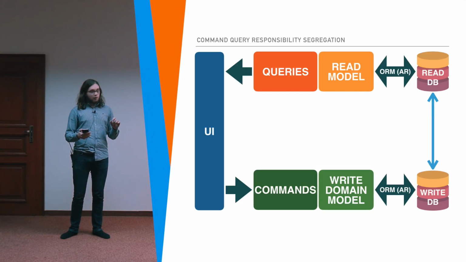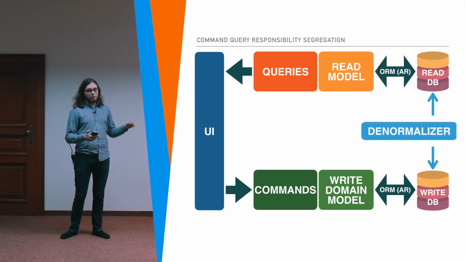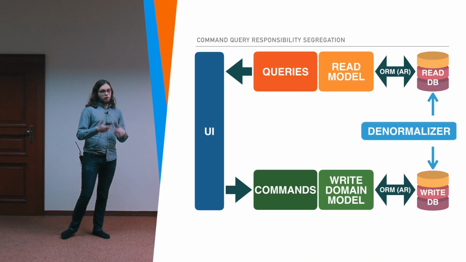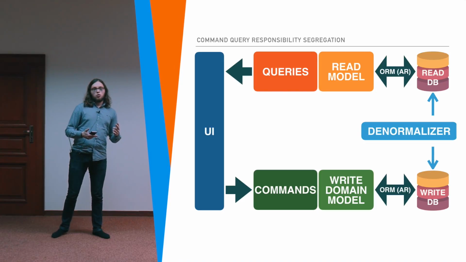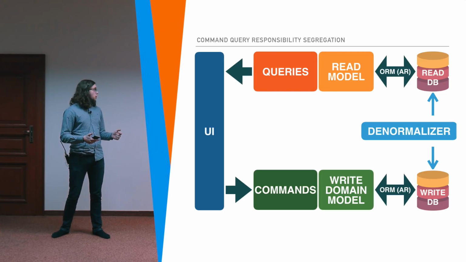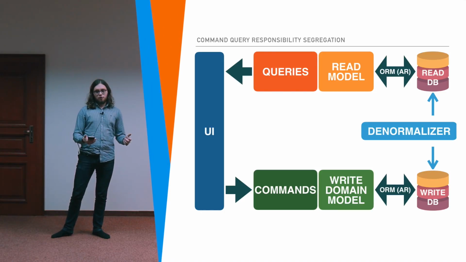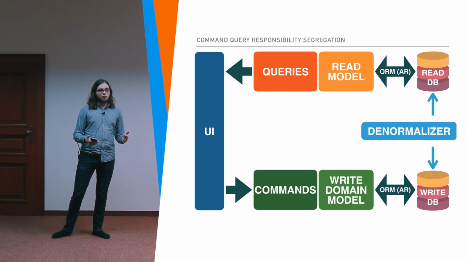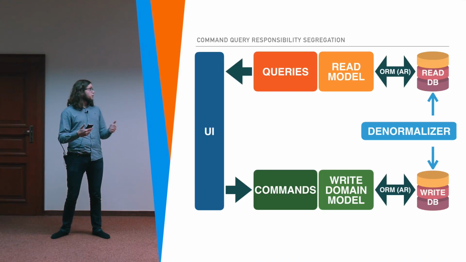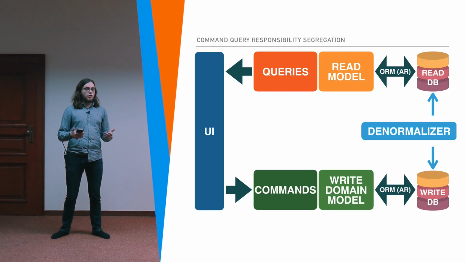So you can place something like a denormalizer in the middle of those two databases, and when they are synchronizing, you can denormalize the data when it's coming from one database to another. In that way, you can have really fast writes for your application, and you can have really fast reads for your application, because when data are denormalized, you don't need any joins at all.